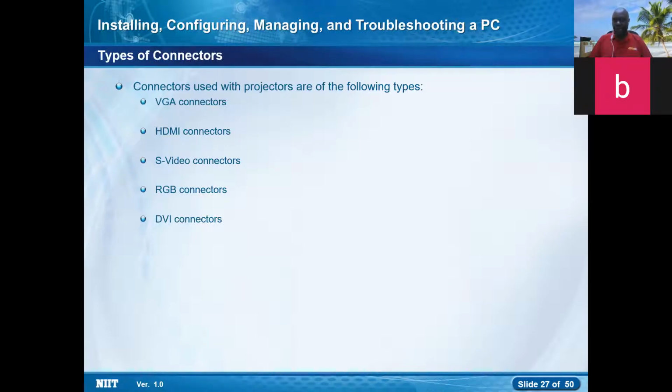So I'll briefly look at some of the common connectors that you can use with projectors and monitors. The first one is VGA connector. Then there's HDMI connectors. Then there's S video connectors. Then RGB connectors and DVI connectors.